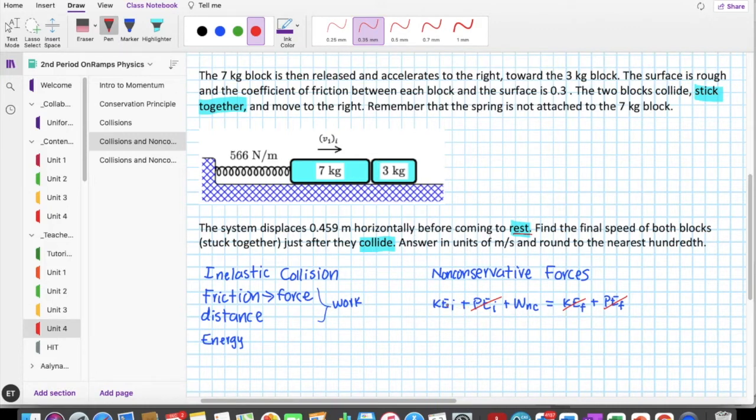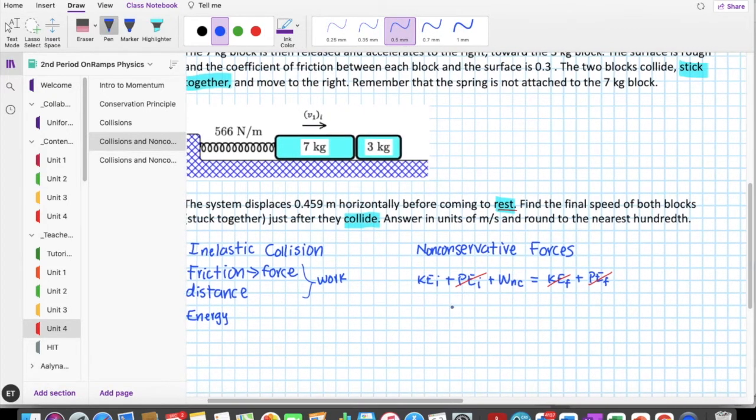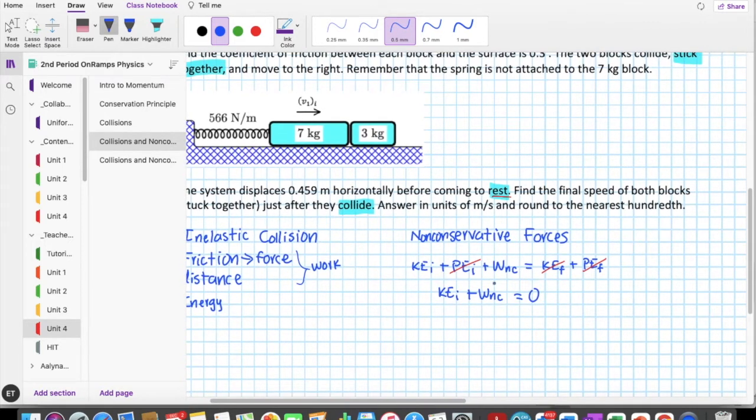So we only have kinetic energy initial and work done by non-conservative forces. So we have kinetic energy initial because the system is moving, as you know, of course they collide, plus the work done by non-conservative forces is equal to 0, right? We cancel these two. We're going to move the non-conservative forces to the right. This cancels.